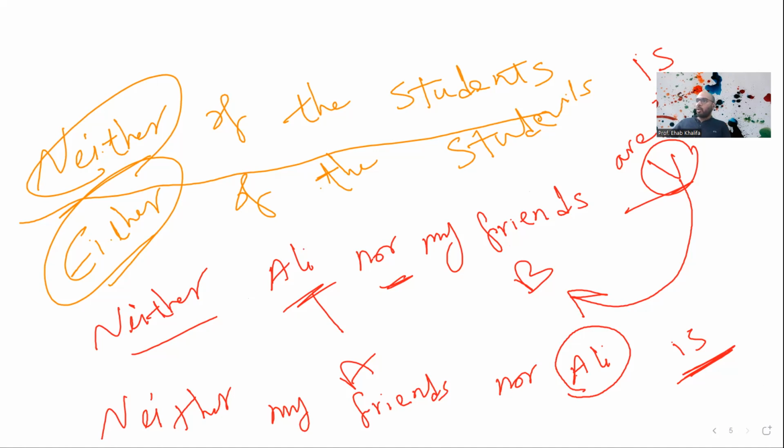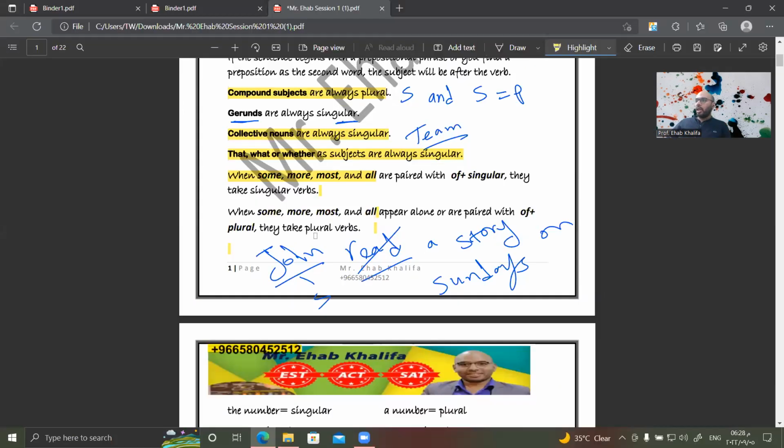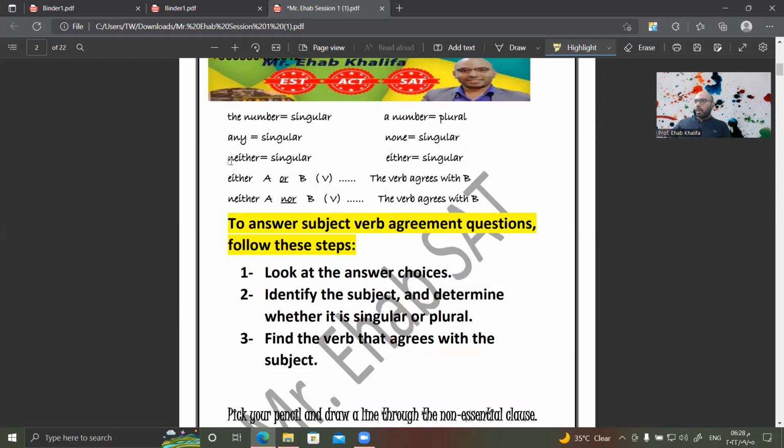And this is the rule explained here. Neither singular, either singular. But if I see or, nor, I gotta be careful. The verb agrees with the nearer subject. Subject A or B, B, of course. We have something to memorize.